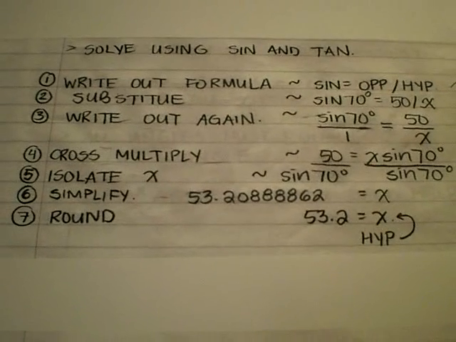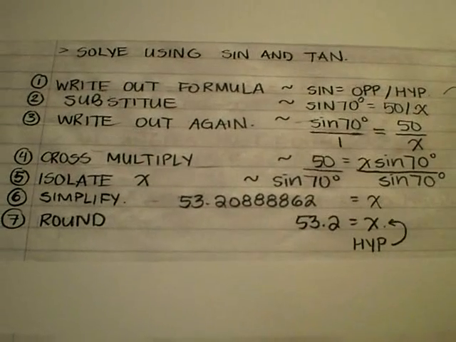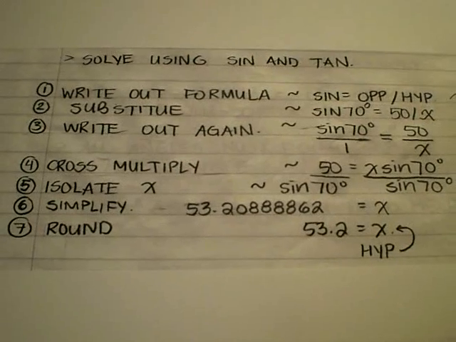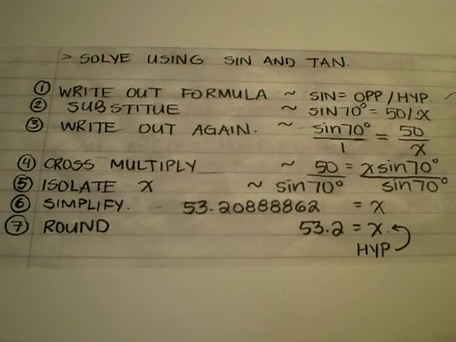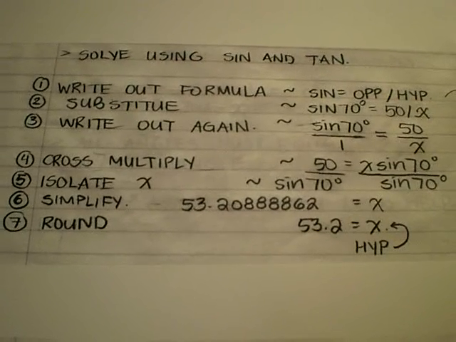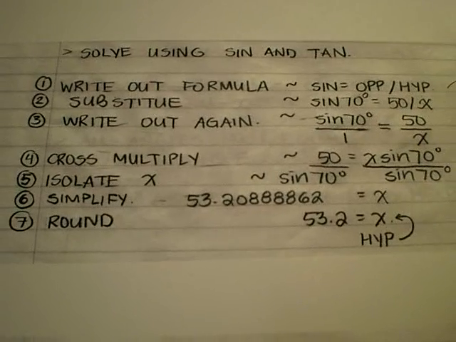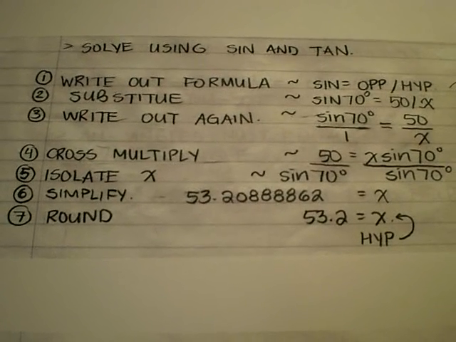When cross multiplying, make sure you cross multiply this way. As you can see, we multiply the 1 with the 50. That becomes 50. We also multiply the x with sine of 70. After multiplying, our final answer is 50 equals x sine of 70.